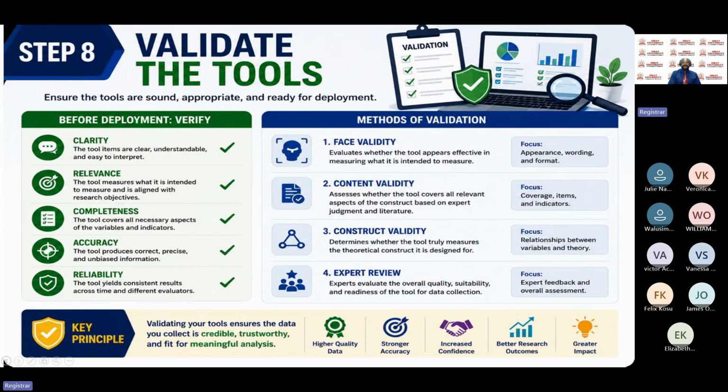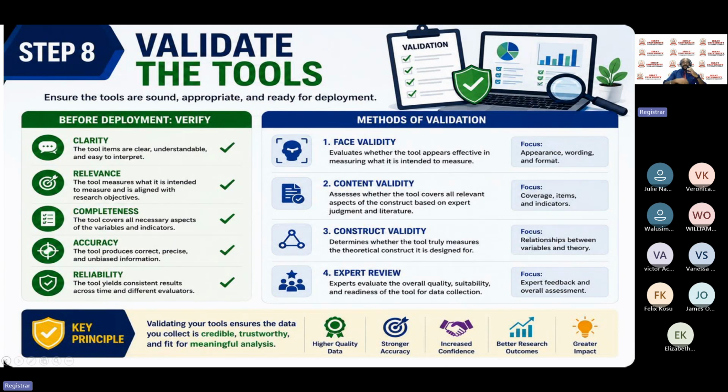We look for relevance, whether the tool designed to collect data is aligned with our research objectives. If you want to collect moisture, if you want to collect the intensity of sunlight, if you want to collect the chemical composition of the soil, if you want to collect the pH values, so if you want to collect multimodal data that will give insights into the growth of the plant or any diseases that are affecting the plant, so all this will give you completeness, accuracy, and reliability.